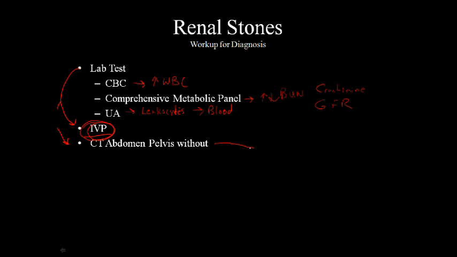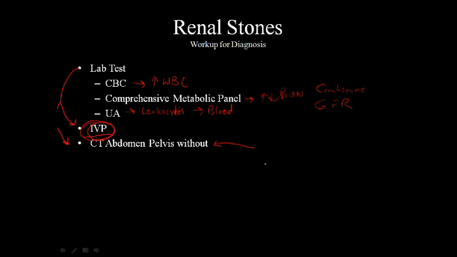And so potentially this is your best option, and I favor that as well, because ultimately by the time you get done with the IVP, you've injected the contrast, and then you've also taken several pictures, and the patient has had to wait in the x-ray suite for quite a while. It seems that CT abdomen pelvis without contrast is very, very accurate for this.